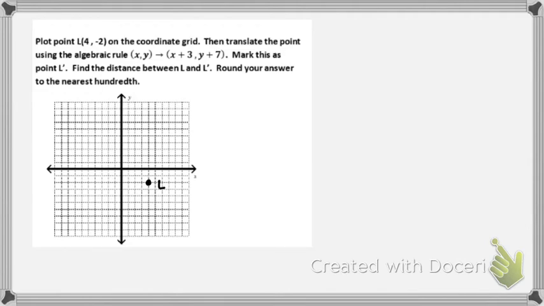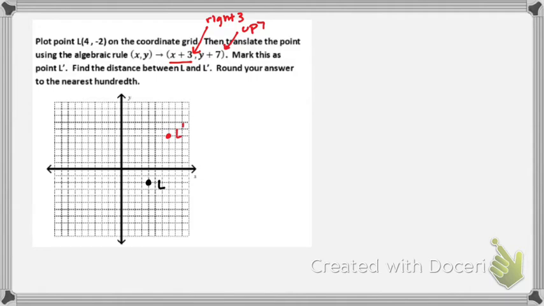Mark this as L prime. So this right here, I know it's going to be right 3, and then up 7. So I'm just going to go to the right 3, 1, 2, 3, and up 7, 1, 2, 3, 4, 5, 6, 7. And that's my L prime.